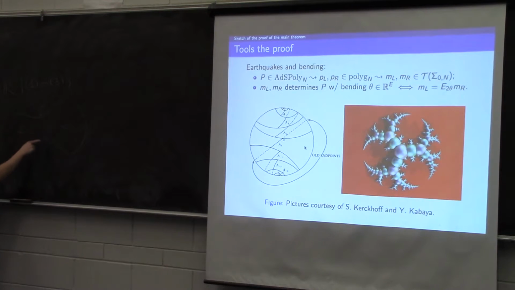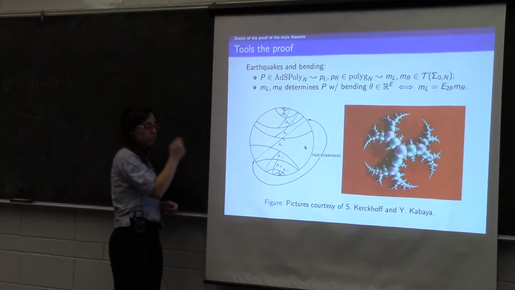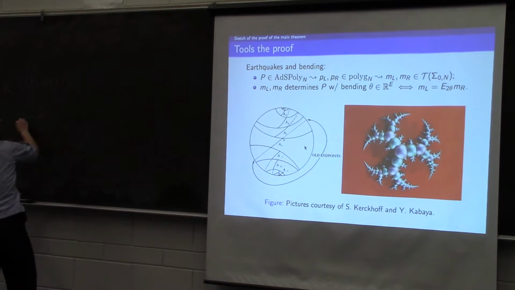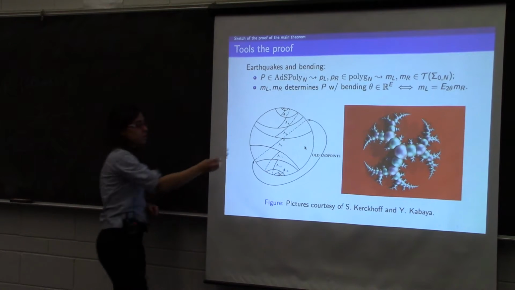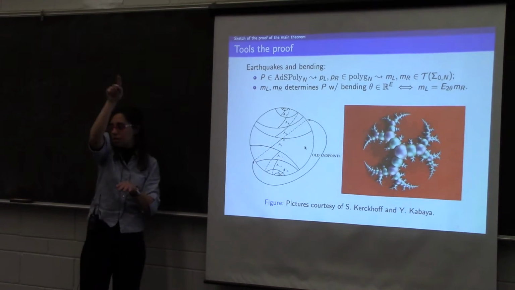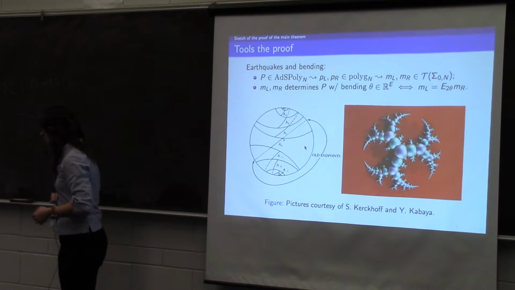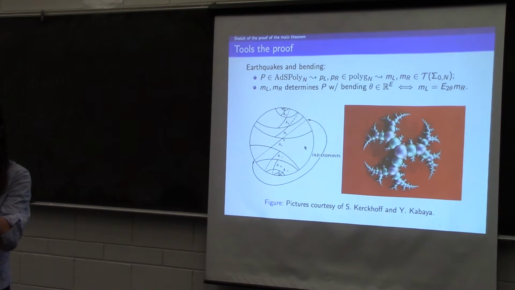This is the simple closed curve, and here I'm looking at the universal cover. If you add some other curve that meets this, then when you do this earthquake, it becomes this zigzag. And here is a picture where instead of doing an earthquake, you do bending, because there is a duality.